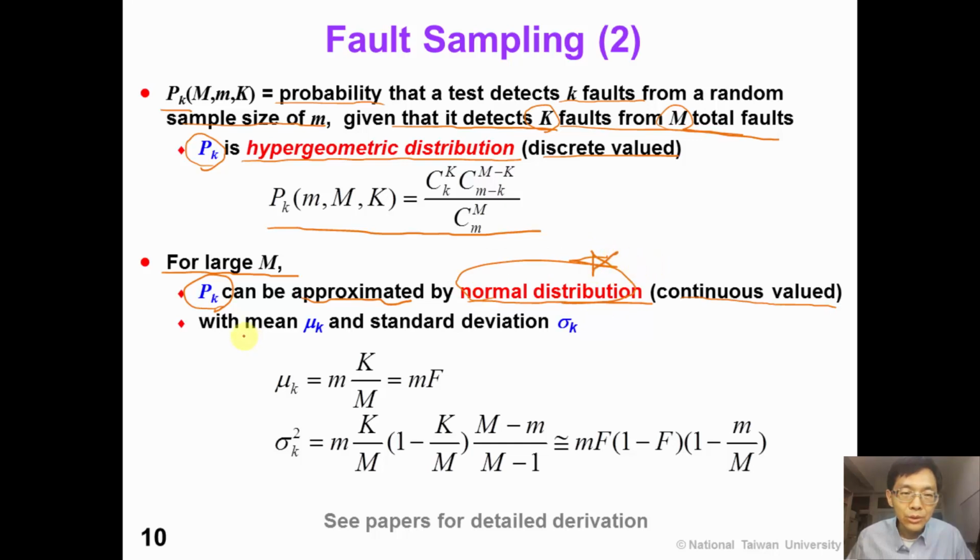The mean of this distribution, mu k, and the standard deviation of this distribution, sigma k, can be written in these equations. If you want to know the details, please refer to the paper.